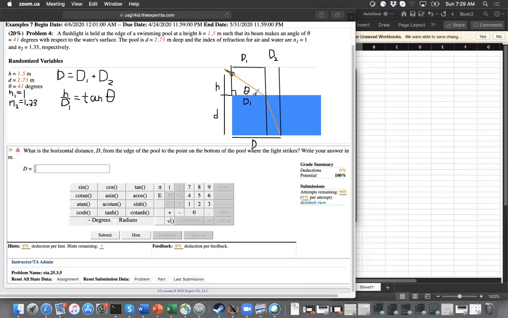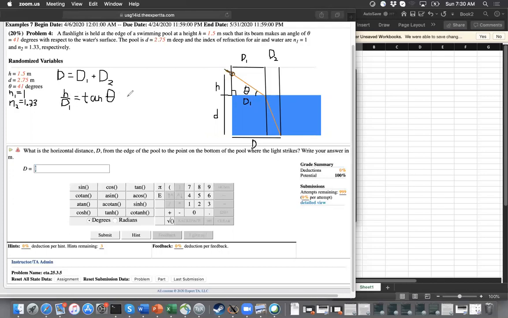Tangent of theta is the ratio of the opposite over the adjacent. We know h, we know theta, we want D1, so we have everything we need. All we have to do is solve this for D1.